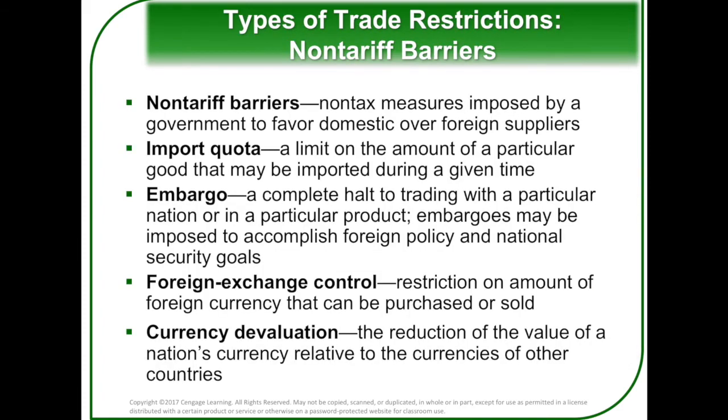There's some barriers that don't have anything to do with tax. There's some type of a measure that a government would put on an import to favor domestic over foreign suppliers. You can do things like an import quota where you just simply limit how many of a certain item can come into our country during, say, a certain time. An embargo.